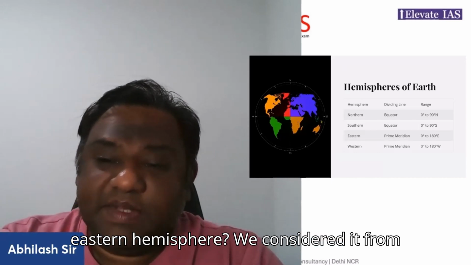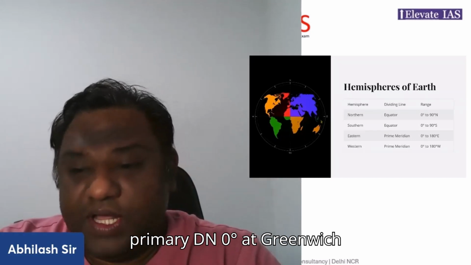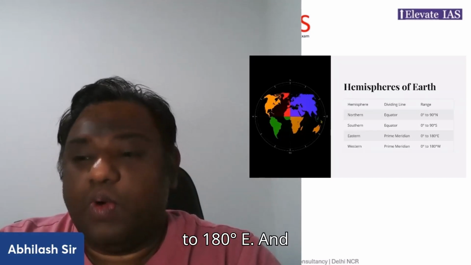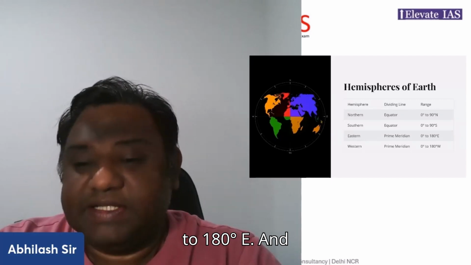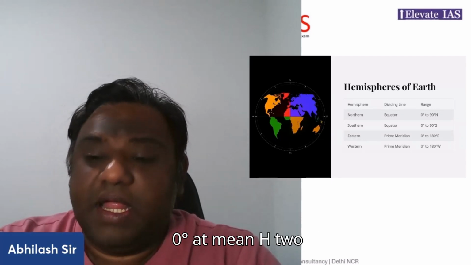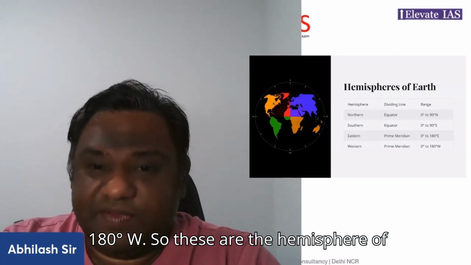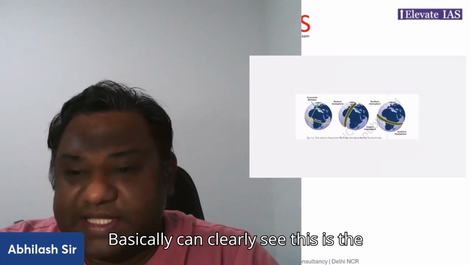What is the eastern hemisphere? We consider it from the prime meridian, 0 degree at Greenwich, to 180 degree east, and similarly the western from the prime meridian 0 degree at Greenwich to 180 degree west. So these are the hemispheres of the earth. You can clearly see this image in the NCERT book as well.